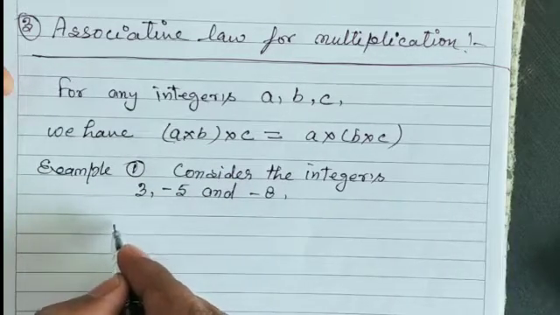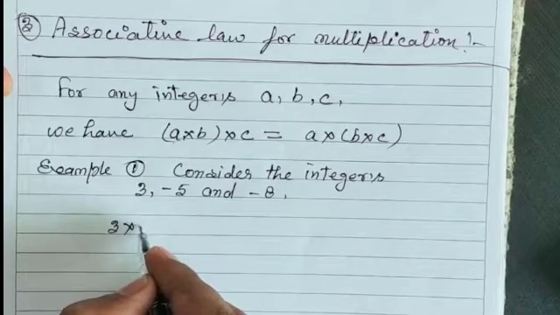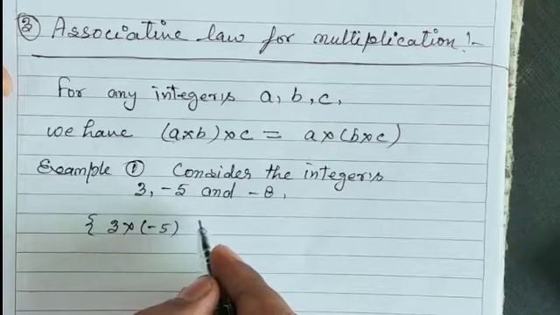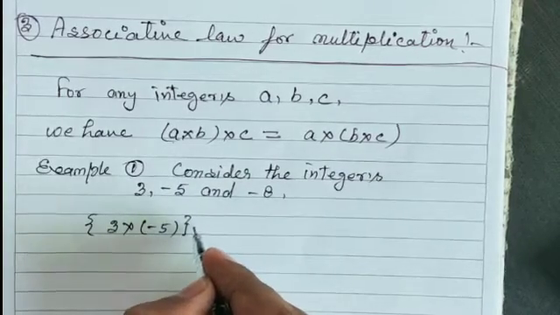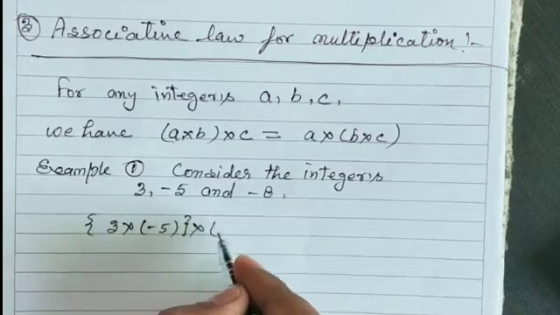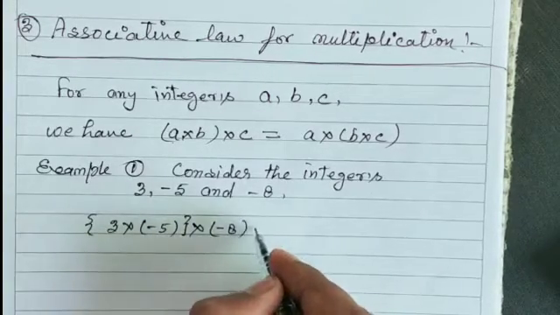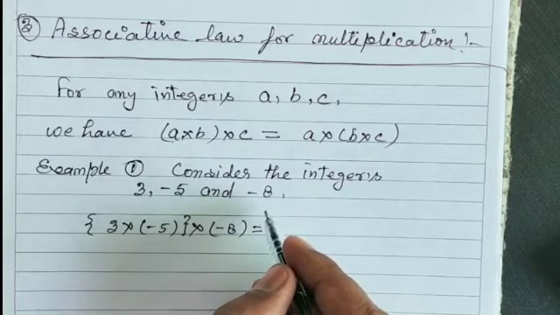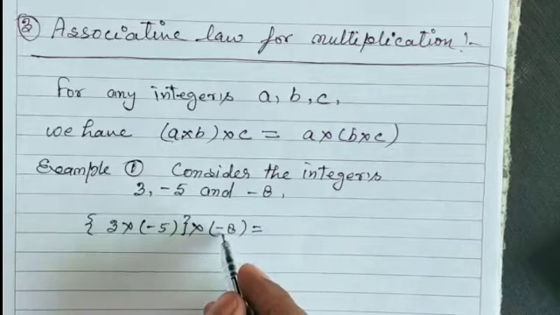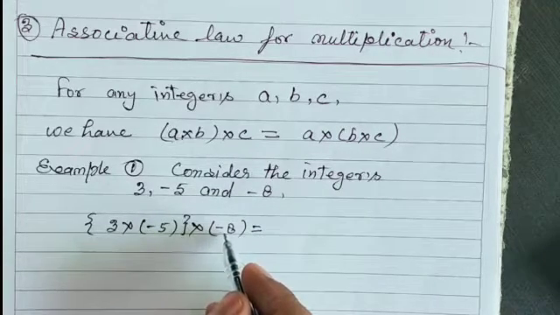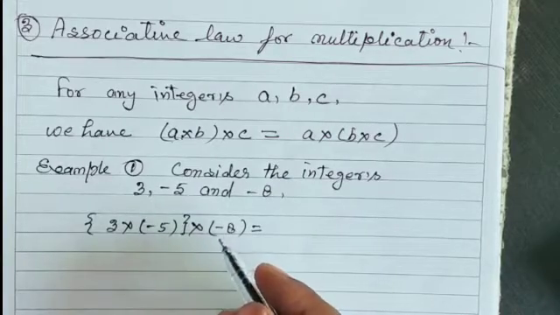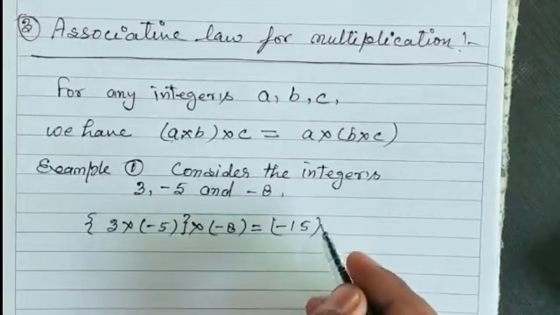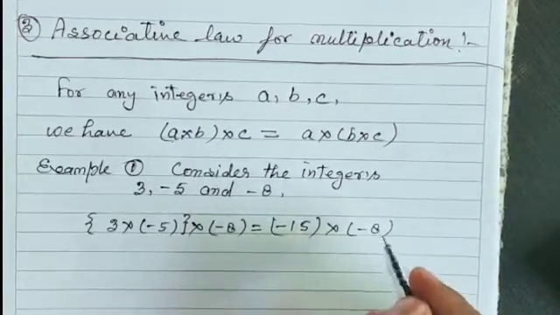We will write (3 into -5) into -8 is equal to, what will be equal? (-15), we will write in brackets, and into -8.